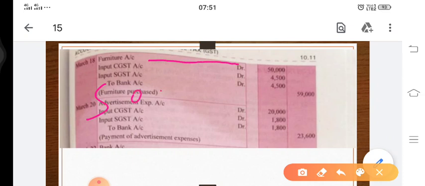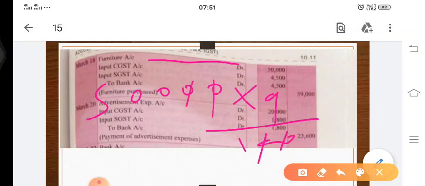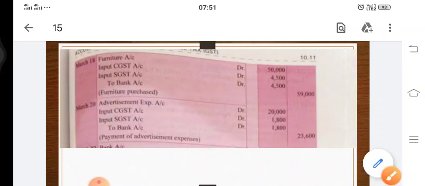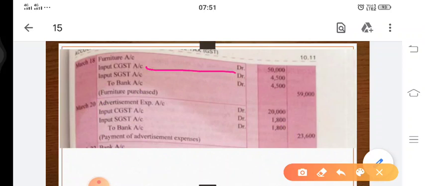Now 50,000 ka 9%, that comes to 9 5s are 45, that is 4,500. That means 4,500 will be the amount of CGST and 4,500 will be the amount of SGST. So here we go. Input CGST account got debited with 4,500. Input SGST account got debited with 4,500.